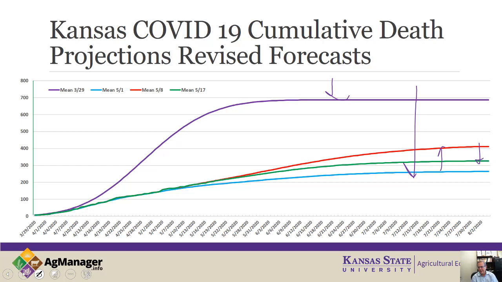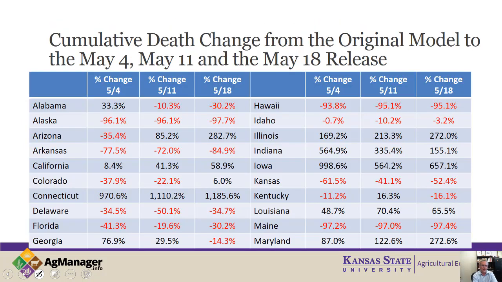So you can see that there are a lot of different aspects here. And if you want to see all the different models, you can look at some of the previous analyses, to give an indication of the original model compared to the 4th, the 11th, and the 18th release.